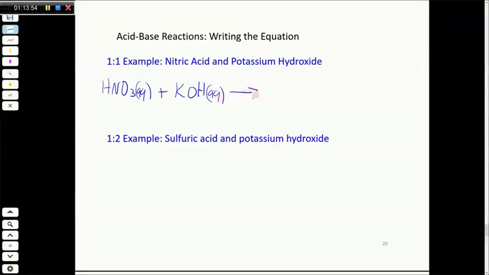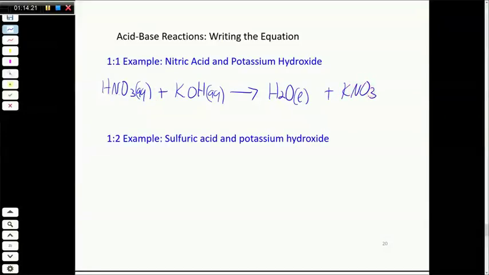As I said, one of the two products you're always going to get is water. The H+ and the OH- combine to make water. And then the other product is going to be the ionic compound that forms from whatever ions are left behind. From the base we have K+, that's our cation. From the acid we have NO3-, which is our anion. Those two are going to combine with each other to make the other product, which is KNO3.